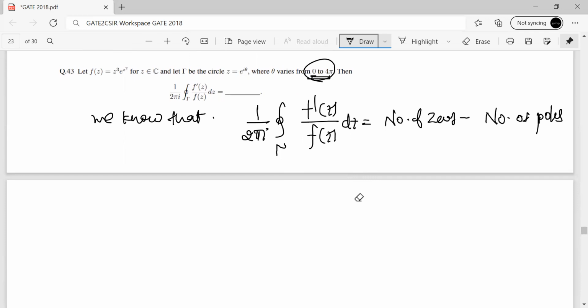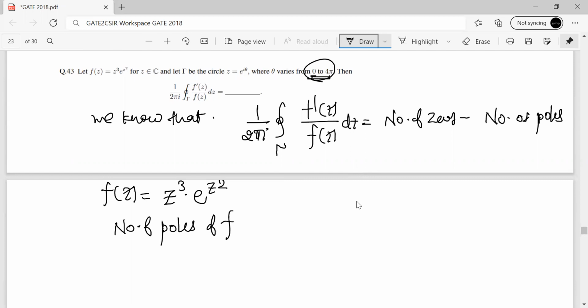So all we are concerned about is this f of z. So f of z equals z cube into e power z square. Okay. So number of poles of f, this function has got no poles. So number of poles of f is 0, and number of zeros. Okay. This quantity can't be 0, so only z will be 0 and it is of order 3. So number of zeros is 3.